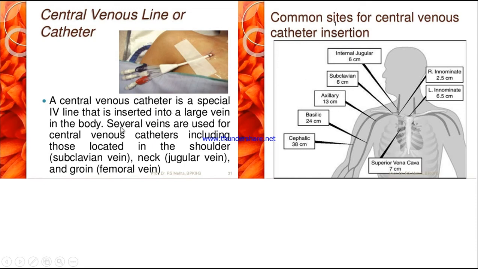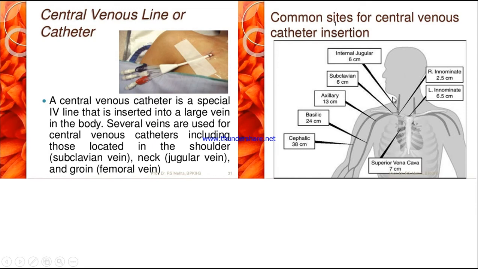Special veins are used for central venous catheters, including those located in the shoulders, which we call the subclavian vein; the neck, which we call the jugular vein; and the groin, which we call the femoral vein. So these are some of the central sites for CV catheter insertion. Mostly we insert it through the subclavian vein, or the jugular vein, or the femoral vein, which is present in the groin area.